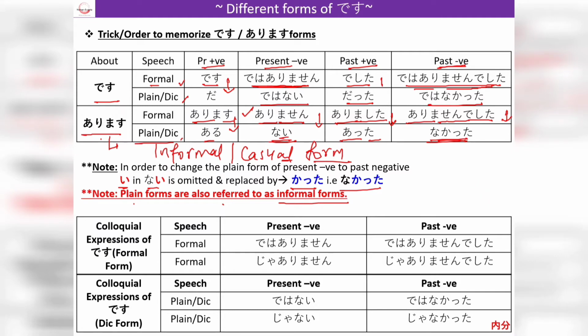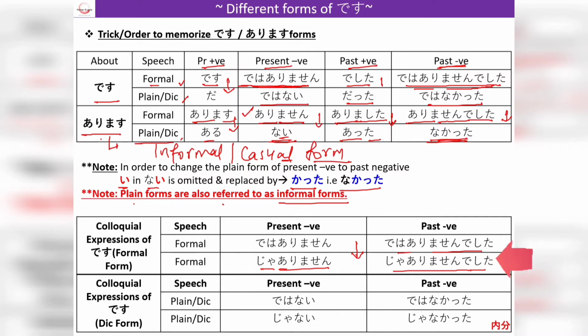Now we will learn the colloquial expressions of this. These expressions will be used in negative forms only and will be used for speaking only. For example, we have learned the present negative of this is devarimasen. So if you want to make the colloquial of devarimasen, it will become ja arimasen, and deva arimasen deshita will become ja arimasen deshita.